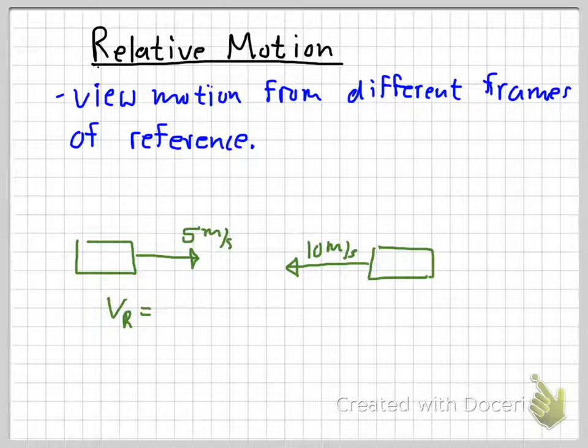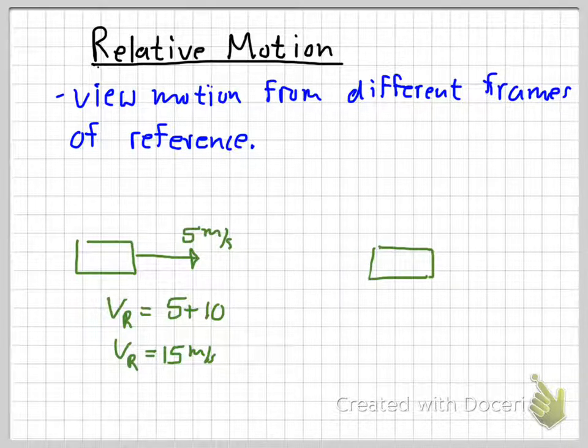In this case, since they're moving towards each other, I would add those velocities together to get the relative velocity. So that'd be like 15 meters per second. If instead we made the second object go in the opposite direction, like that, now we would find the relative velocity by subtracting the two.